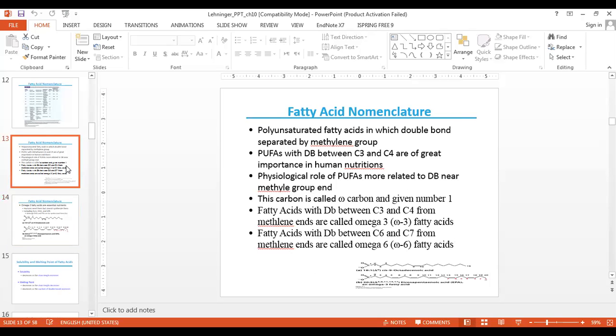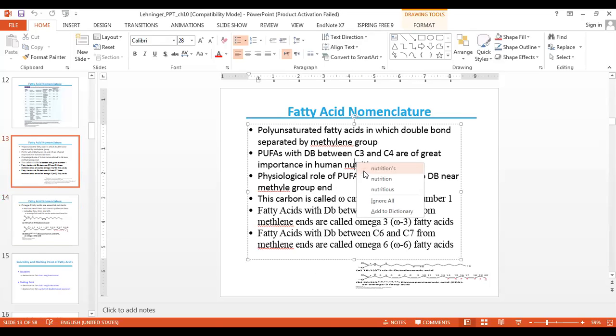So if we look from the methylene group, the double bond is present at carbon number 3 and carbon number 4. Such kinds of double bonds are very important from the nutrition point of view.